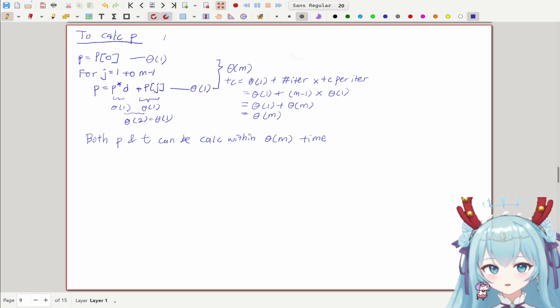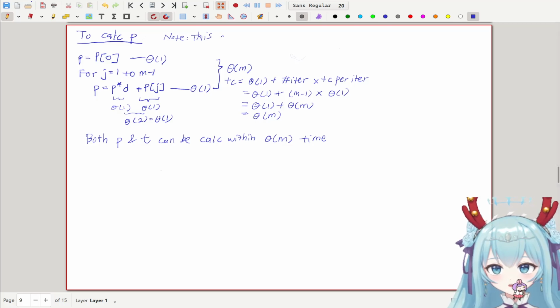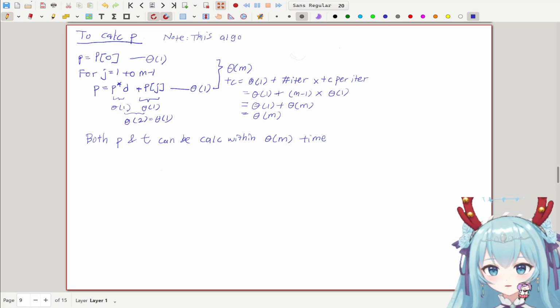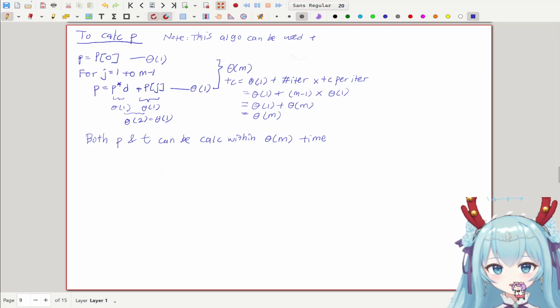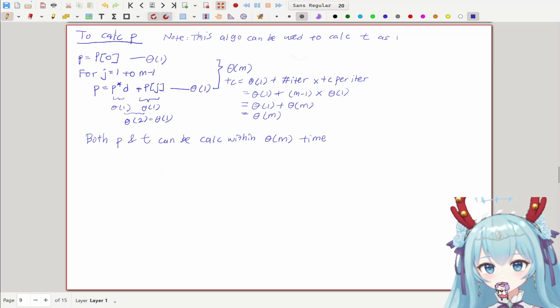Okay? So let me just write here: this triangle can be used to calculate t as well.